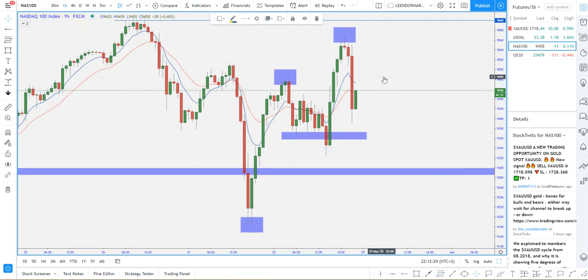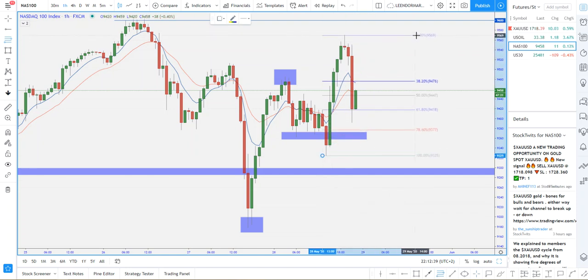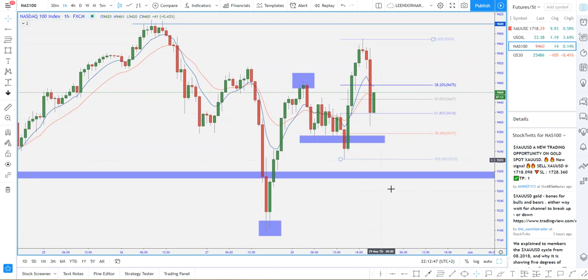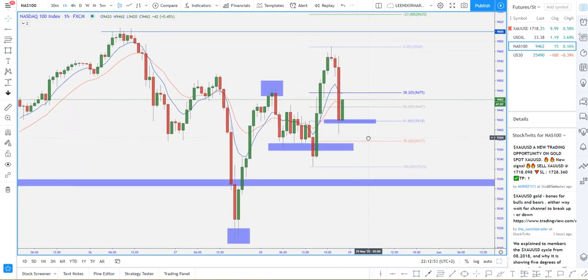So now suppose that this move is to the upside, this one that we have, you would have drawn point A, point B, right at the tip of the wick. Look at how that 61.8 level is holding strongly.